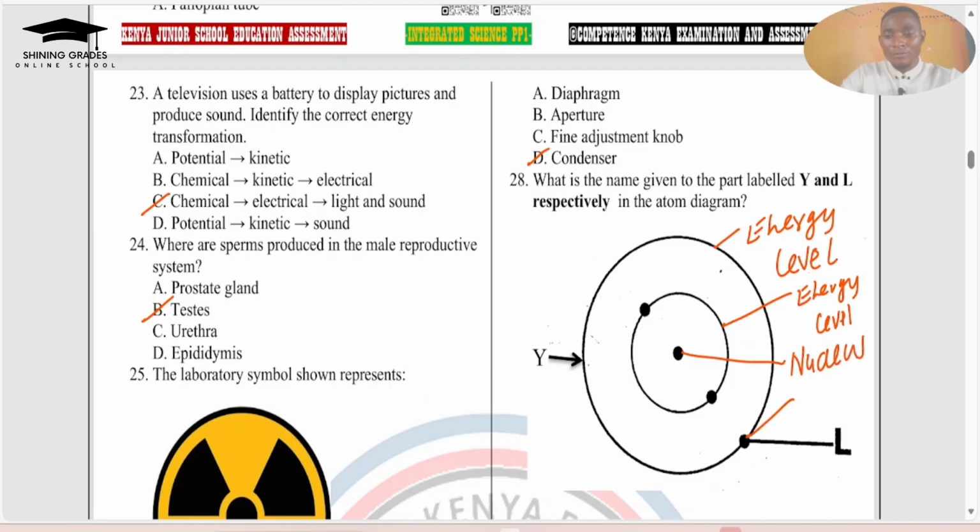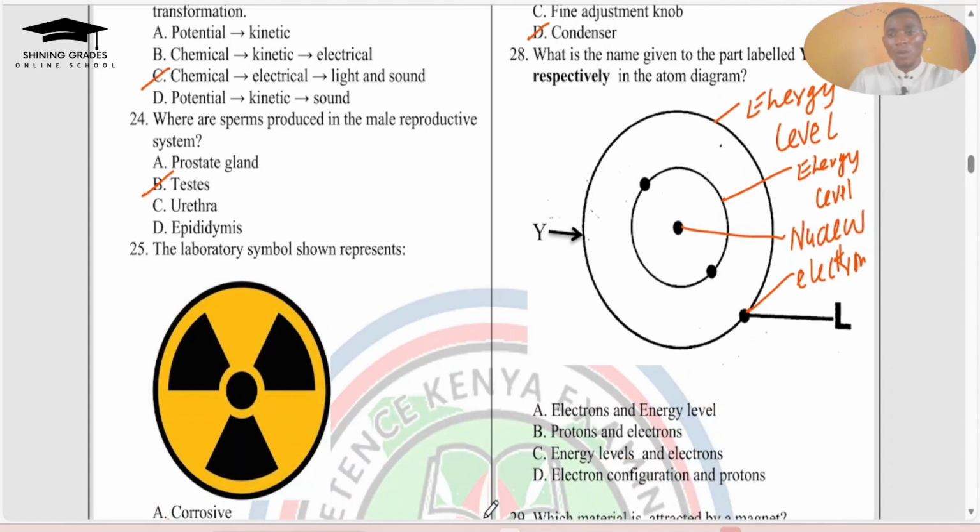We have electrons. So from the question that we are given, Y represents the energy level and L represents electrons. So we have energy levels and electrons. So the correct answer is C.